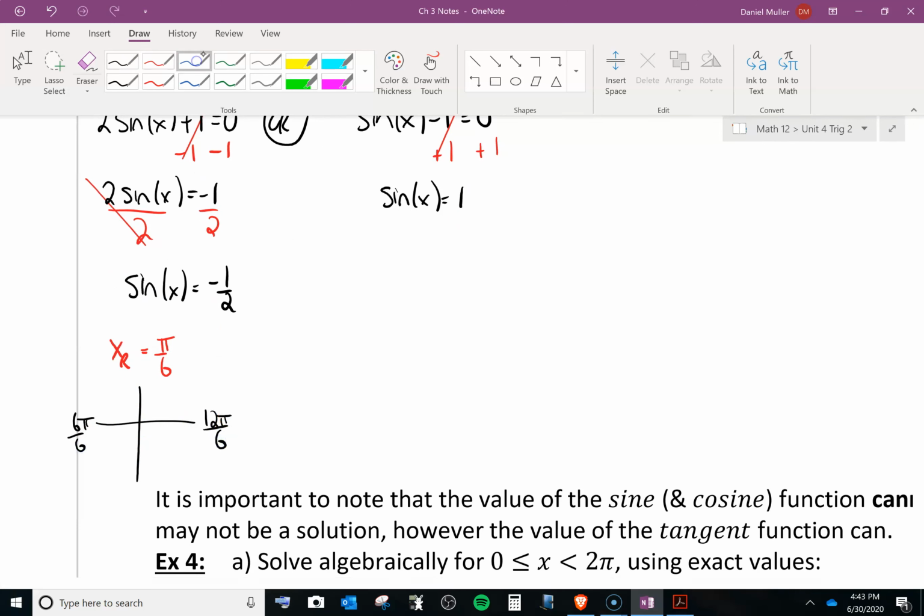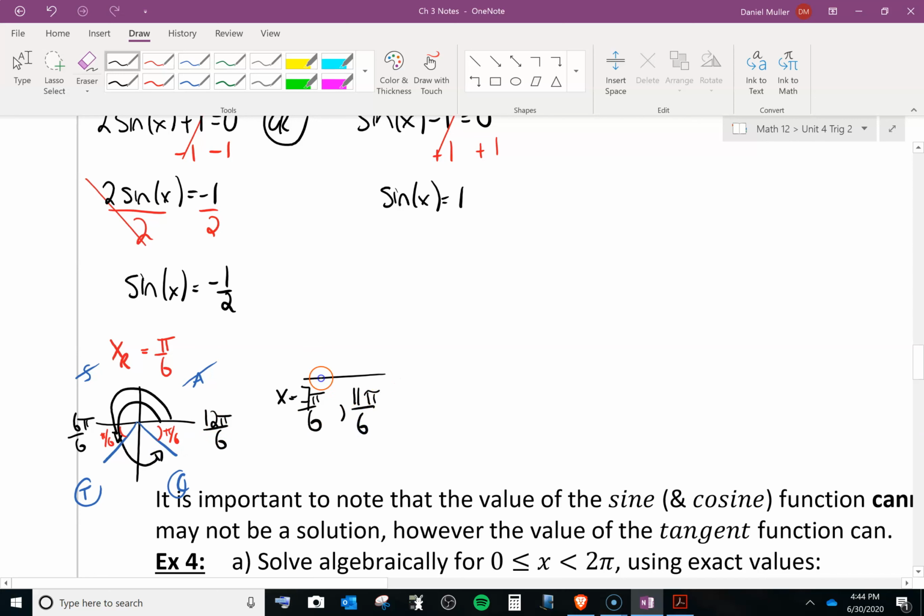And then I can take a look at my angles. Now, sine is positive here and positive here, so it's negative in these two. So my angle here would be, knowing that this is pi over 6 as a reference angle, my answer would be 6 pi plus a little bit more, so 7 pi over 6. And then this one would be not quite 12, it's a little bit shy, so 1 shy, 11 pi over 6. So those are my answers for that one.